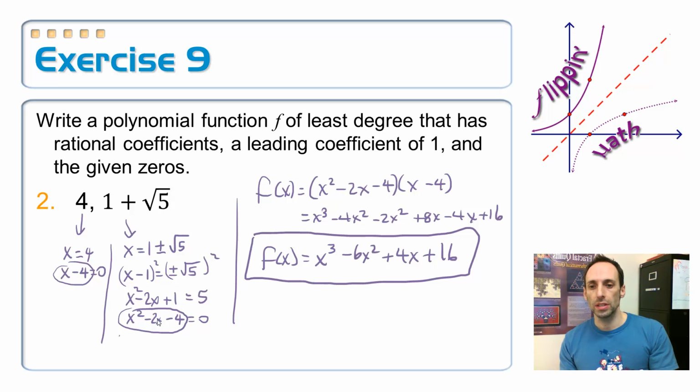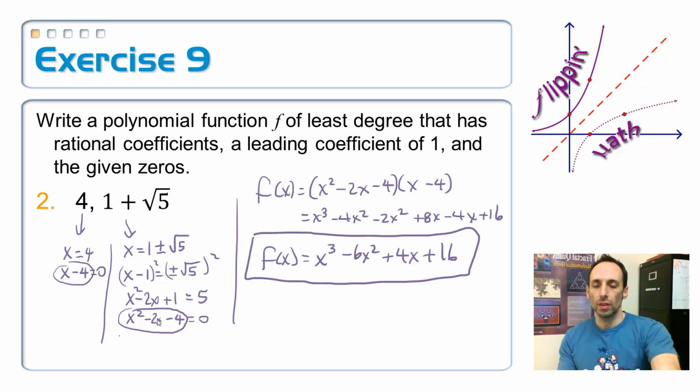When I square both sides, the left-hand side becomes x squared minus 2x plus 1, and the square and square root cancel out, so I have 5. Subtract that 5 over, and then I have my quadratic second factor. And then FOIL those two things out. Expanding it out, I get a final equation of f of x equals x cubed minus 6x squared plus 4x plus 16.